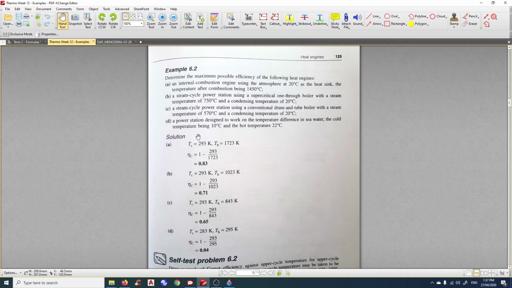Of course, we will never reach this in real life, but many people use this as a benchmark to maximize their efficiency. Maybe the best practical application of this is probably Formula One.